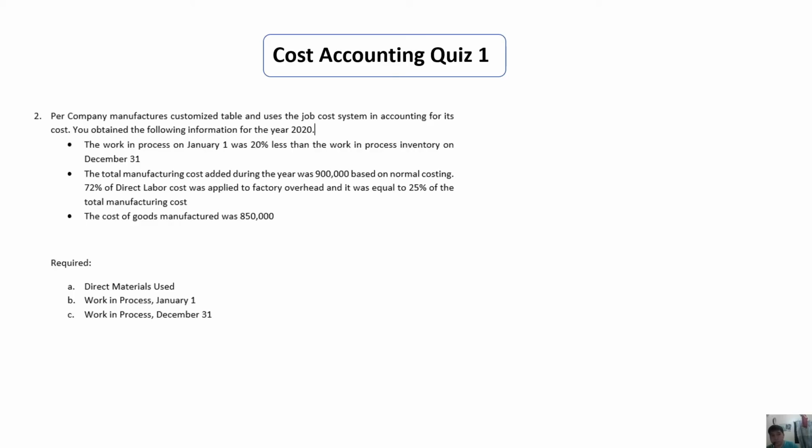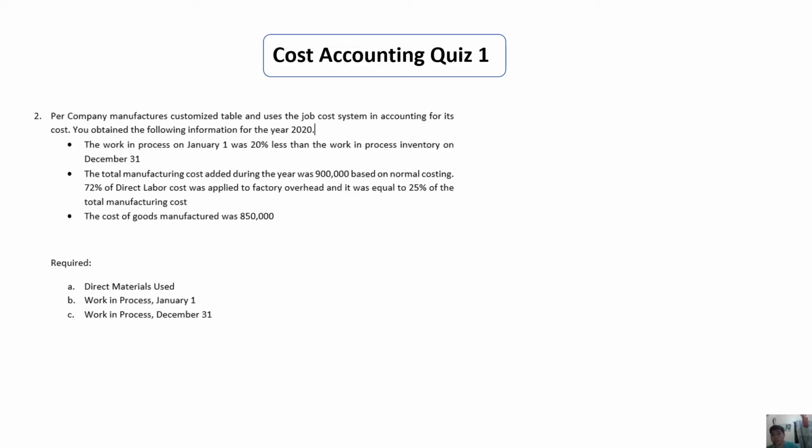So yung unang requirement, ang sabi dyan, the work in process on January 1, which is the work in process beginning, was 20% less than the work in process ending, which is December 31. So in this case, hindi provided yung actual figure kasi nga nawawala. Pero nagbigay po ng given which is in the form of percentage. So gagamitin po natin 'yan para ma-determine natin yung ating hinahanap na beginning WIP tsaka yung ending WIP.